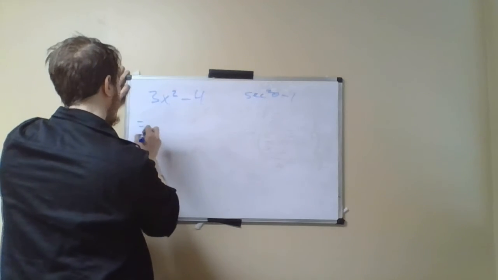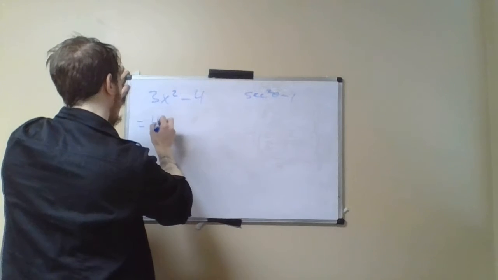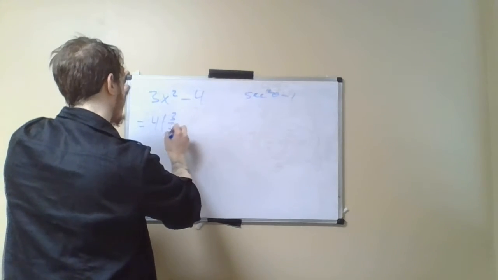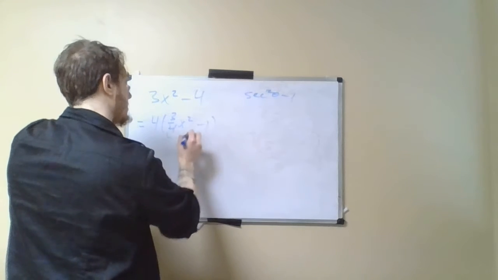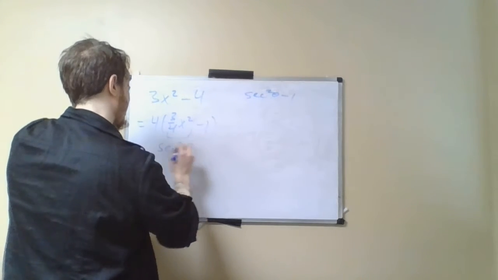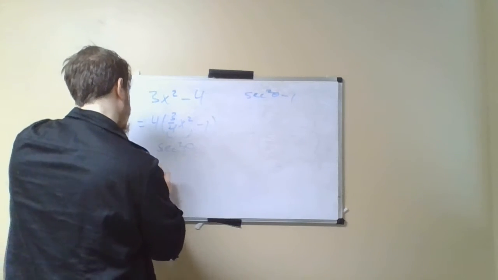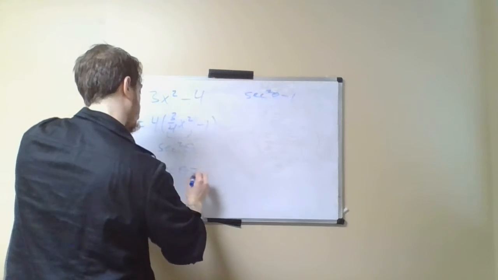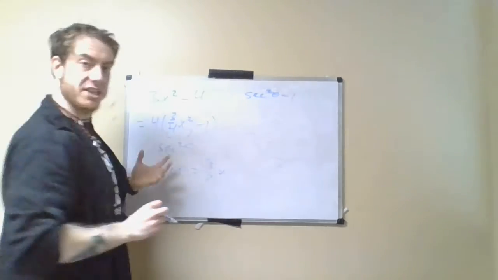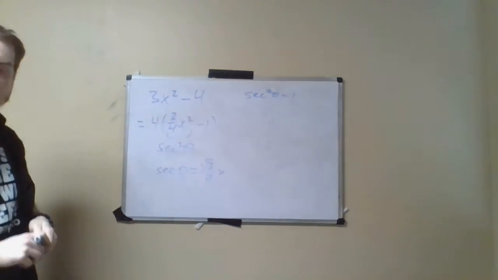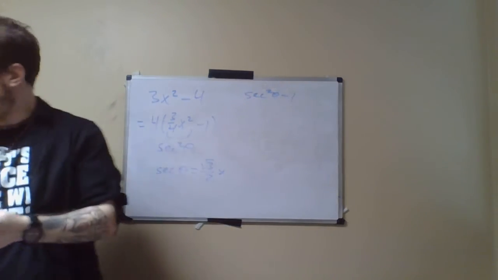And I can rewrite this as 4 times 3 over 4 x squared minus 1, and then this should be my secant squared theta. So that means that secant theta should be the square root of 3 divided by 2 times x. And there we go. We've got this answer. And we've also got yet another terrible pen.